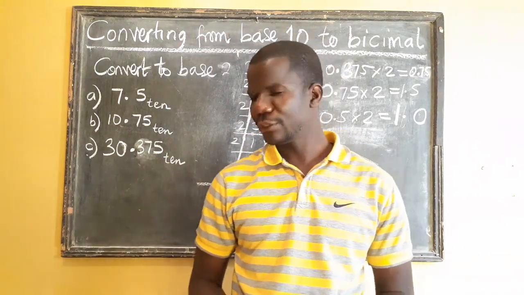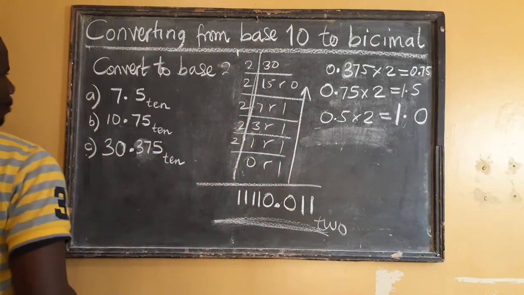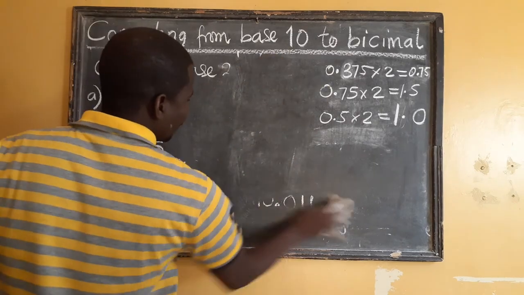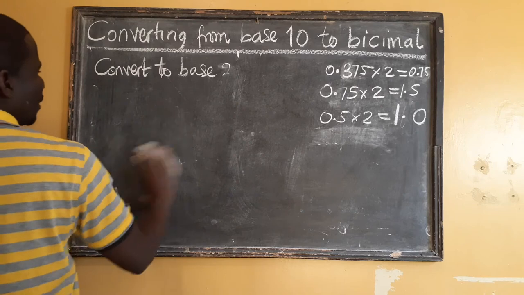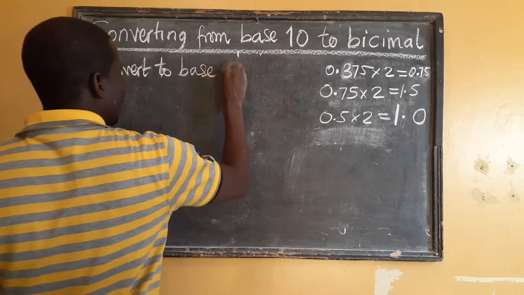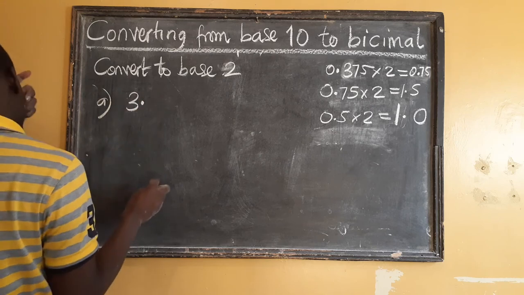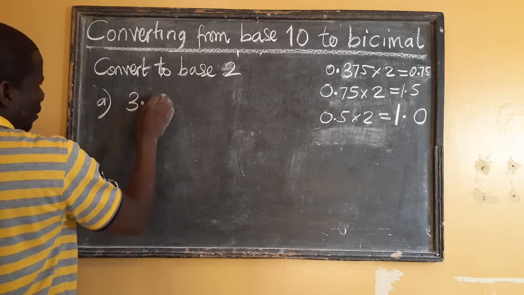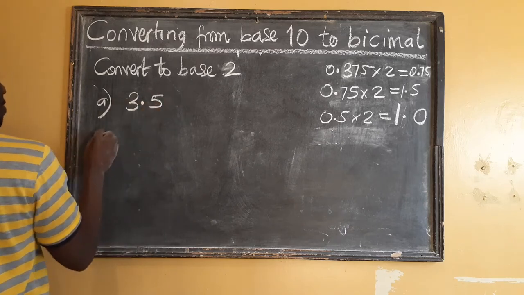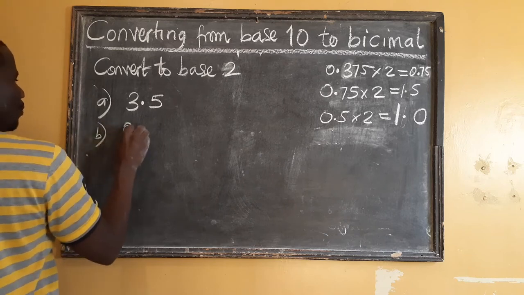So let me give you 3 questions for your exercise. I hope they will be easier for you to do. You can work out a 3.5. Then maybe here we can have 0.25.